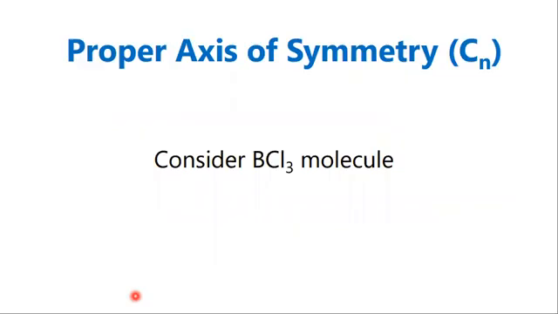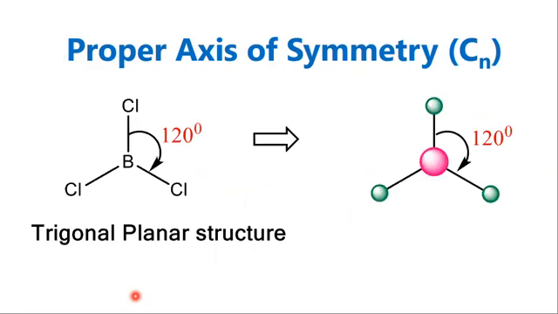We'll consider boron trichloride as an example. We all know the structure of boron trichloride is trigonal planar. It's a planar structure, and all the bond angles are 120 degrees. Actually all the atoms are spheres, ball-like structures.